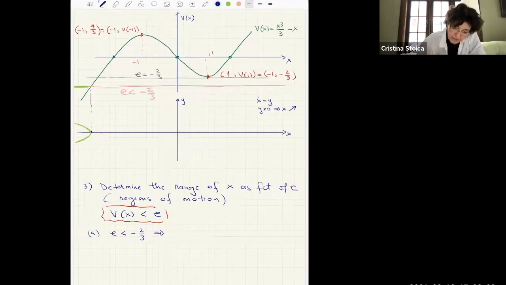When the energy is -2/3, again, I'm going to put what I'm allowed to. The dark green has to be lower than the level of energy. So I see my dark green here. Maybe I should do the dark green really dark. There's the potential.